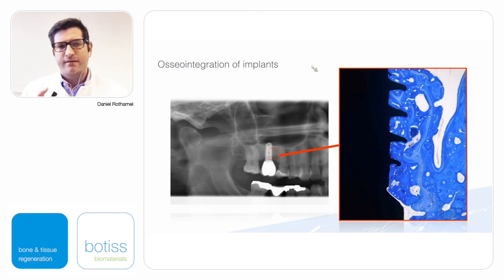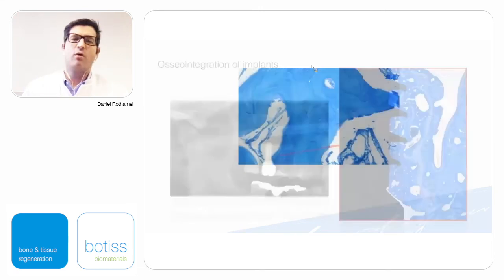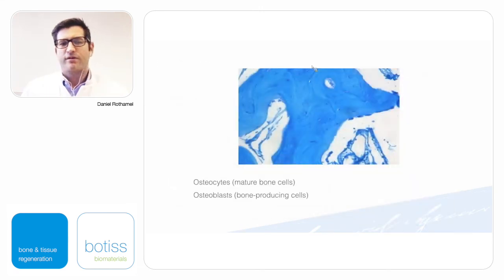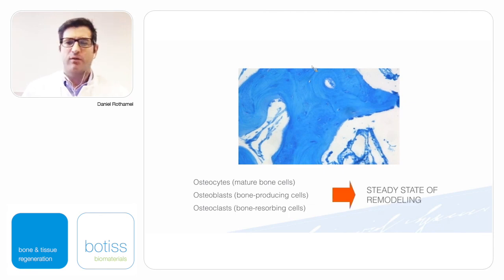When we look at this specific tissue, we know that there are osteoblasts, osteocytes, and osteoclasts, but it's a steady remodeling. So the bone is a very vital tissue that reacts to different loading situations. And also in terms of regeneration and healing, we need to support the osteoblasts because they are important to produce the bone.